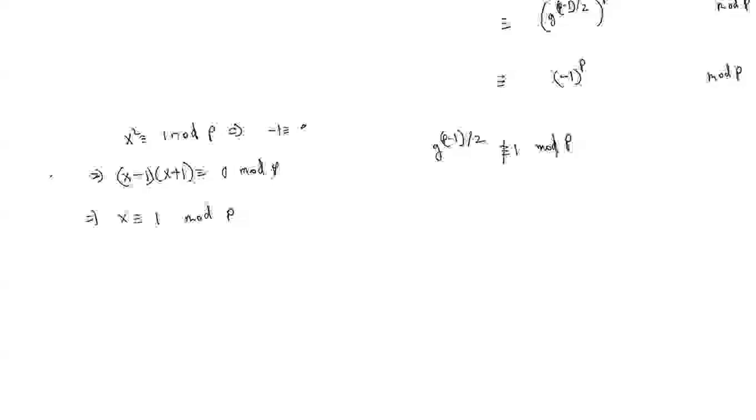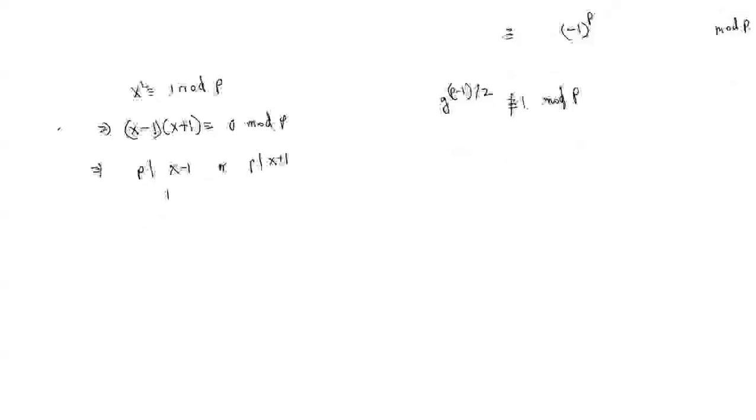That implies that (x minus 1) into (x plus 1) is 0 mod p, which implies that p divides x minus 1 or p divides x plus 1. If p divides x minus 1, then x is congruent to 1 mod p. If p divides x plus 1, then x is congruent to minus 1 mod p.